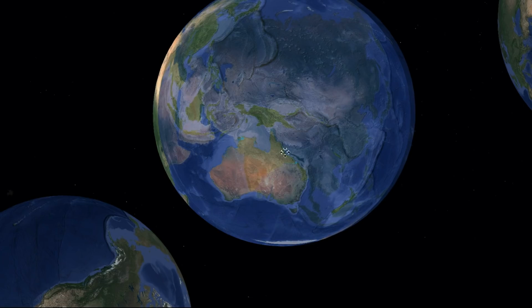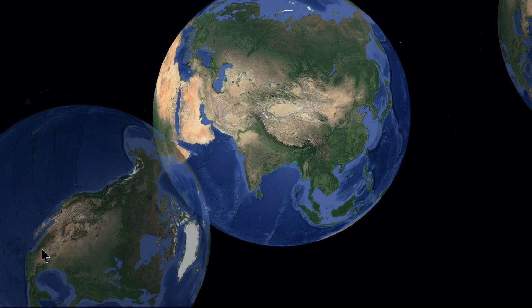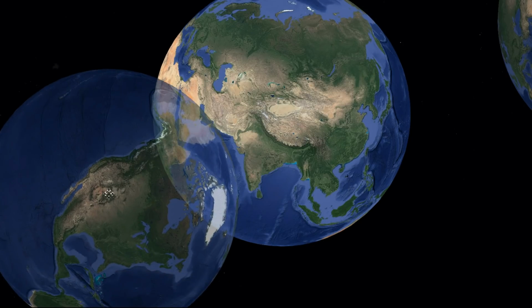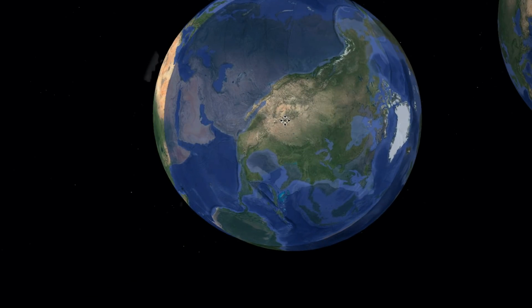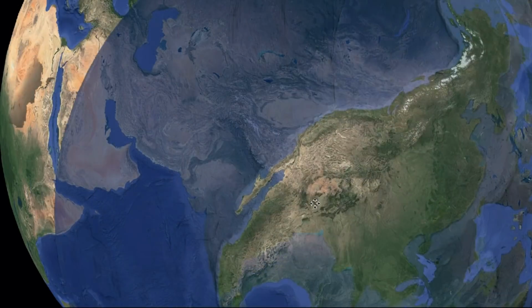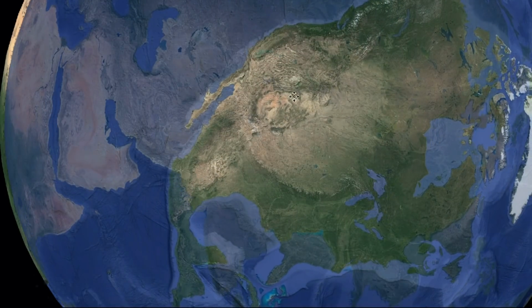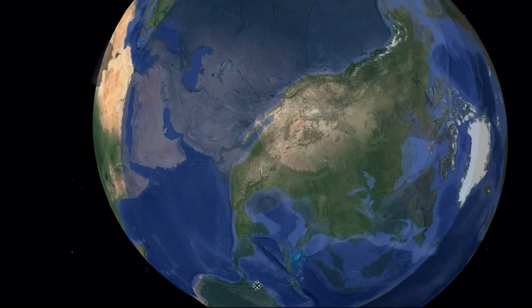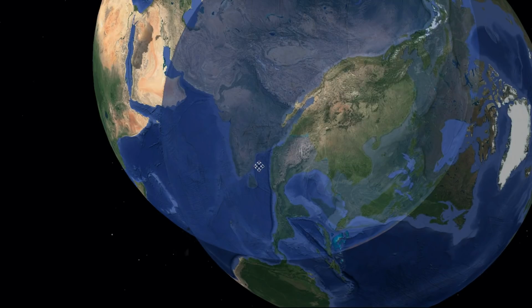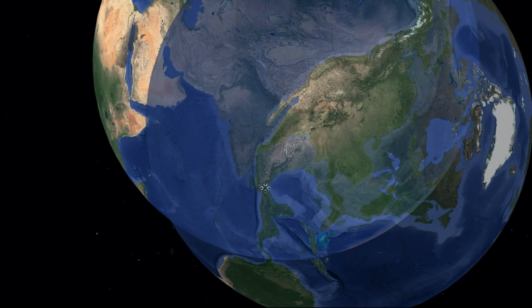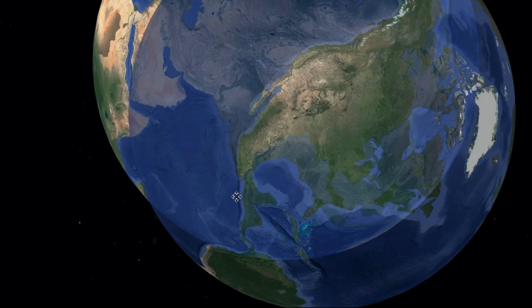There's reoccurring patterns all over the planet, but these are just the most obvious ones. Next I'll do North America with this area right here. Yellowstone Park, it's the same width, it's the same length. And then we got a similarity between India and Central America with the tips right there.